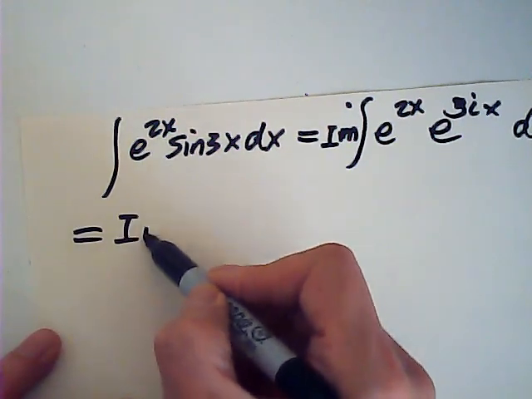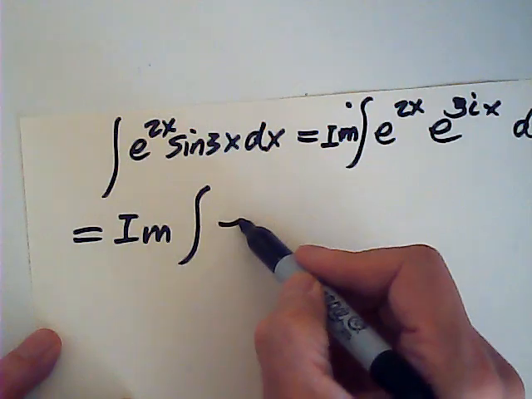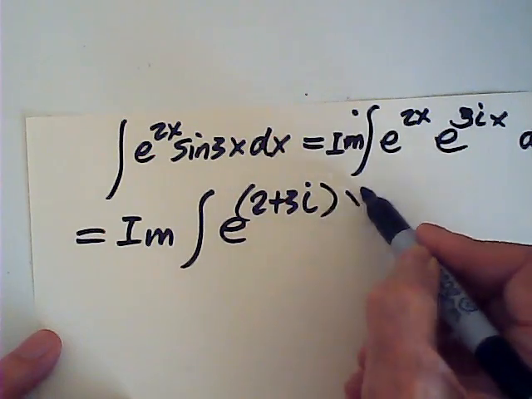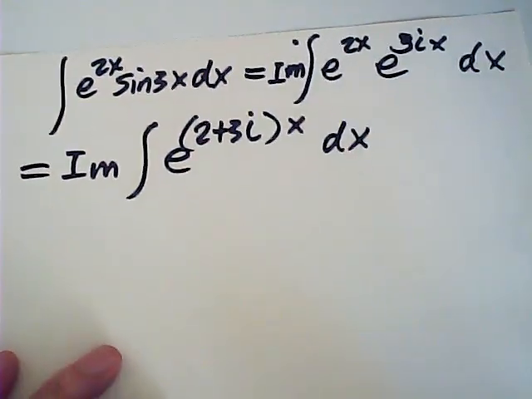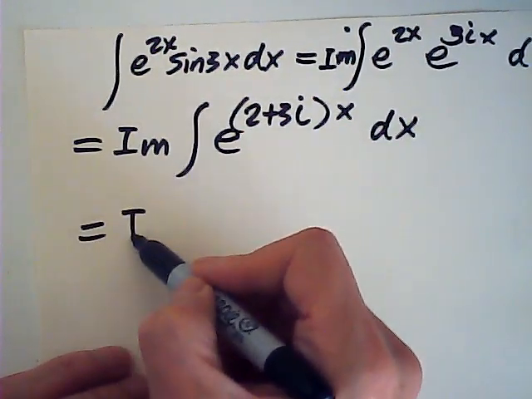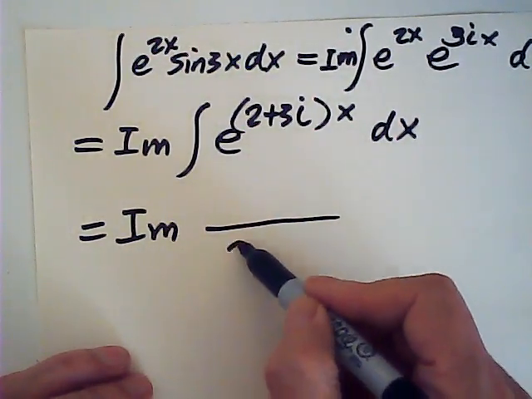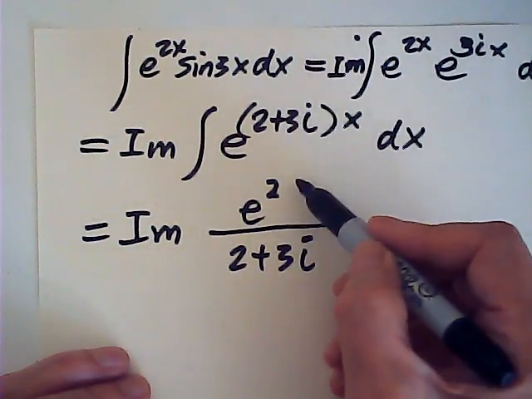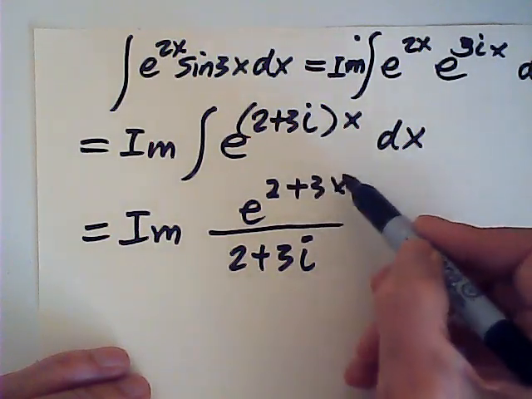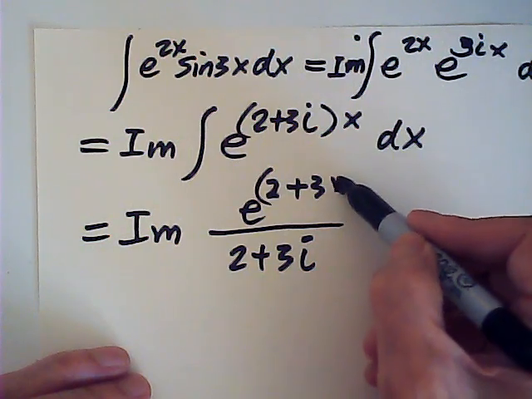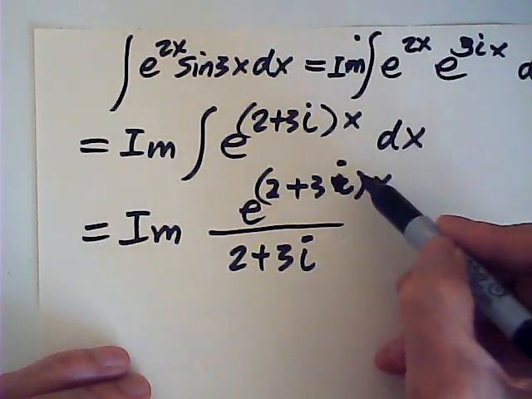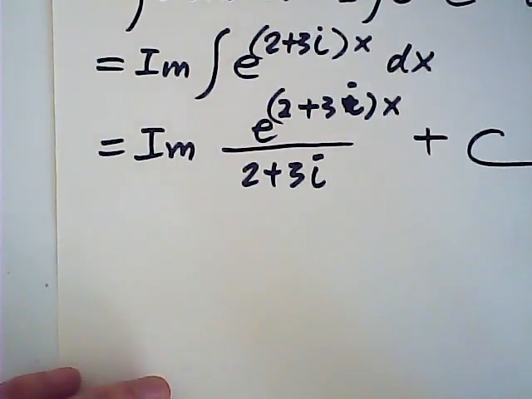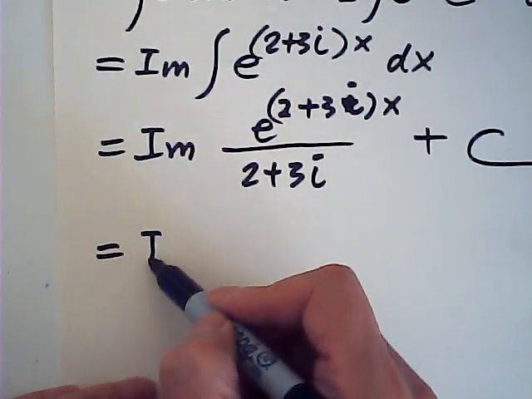Then this is equal to the imaginary part of the integral of e to the (2 plus 3i)x dx. So this integral is rather easy. Imaginary part of 1 over (2 plus 3i) times e to the (2 plus 3i)x plus c. And this one is equal to the imaginary part.